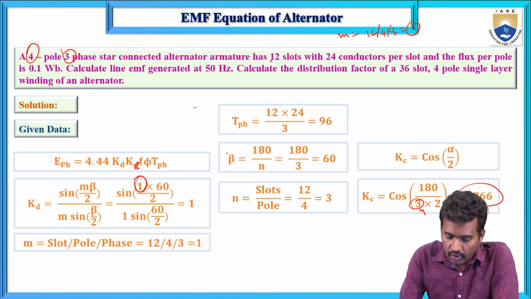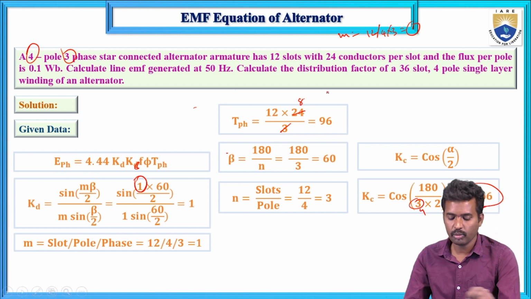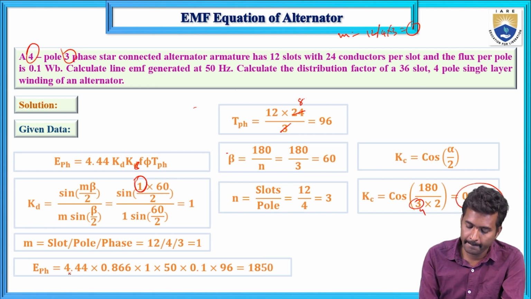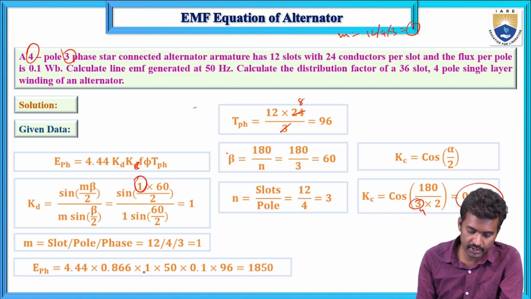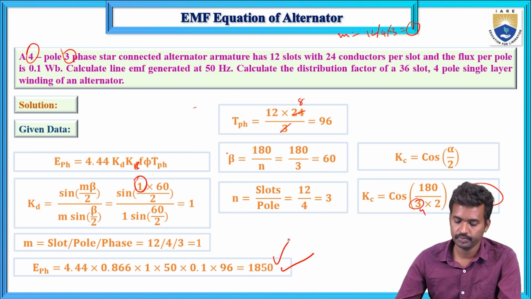Total number of slots is 12, so 12 into 24 divided by 3 is 3 into 8, that is 96 turns. Now E phase equals 4.44 into 0.866 into 1 into 50 into 0.1 into 96, that equals 1850 volts.